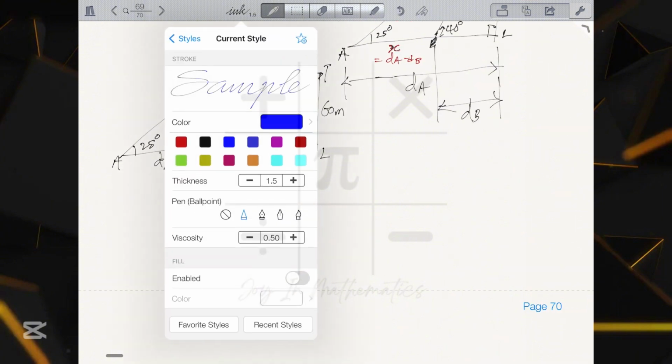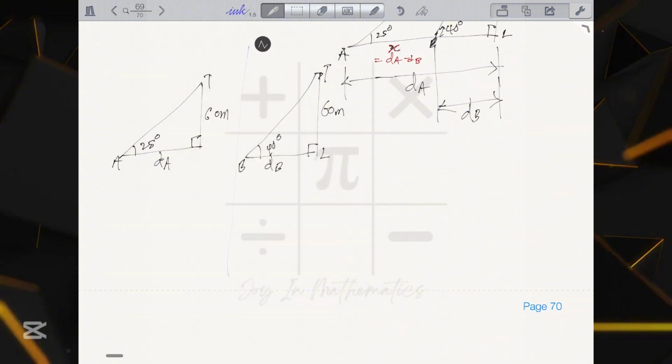Let's use the blue pen for anything that has to do with boat A. So we'll consider that we have the opposite and also the adjacent. The opposite is 60, the adjacent is the distance of boat A. So tan 25 degrees will be equal to the opposite, that's 60 meters, divided by the adjacent, the distance from boat A to the base of the lighthouse.